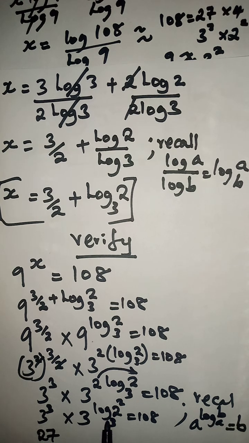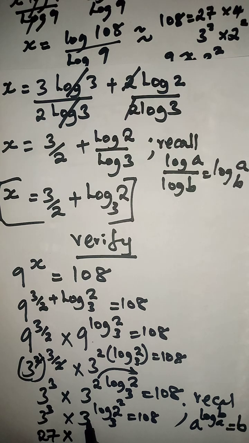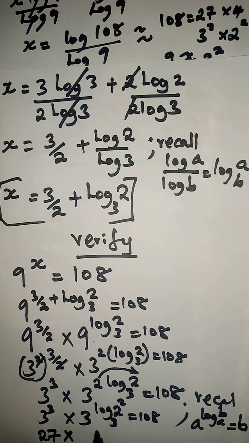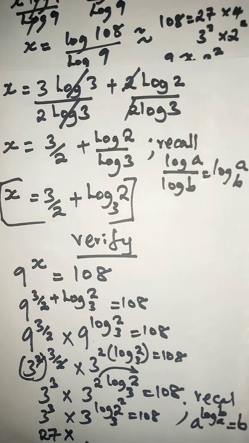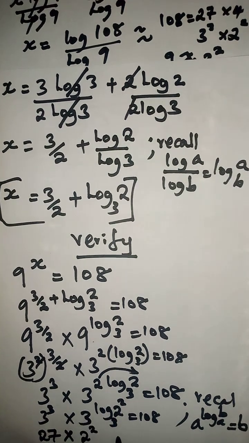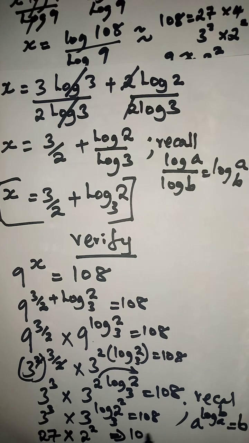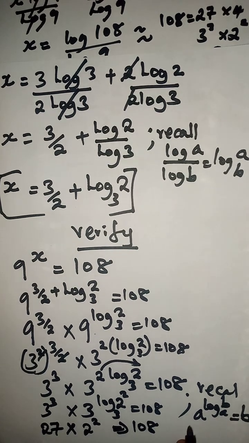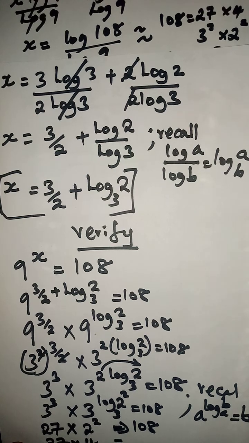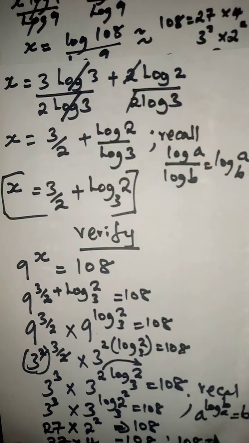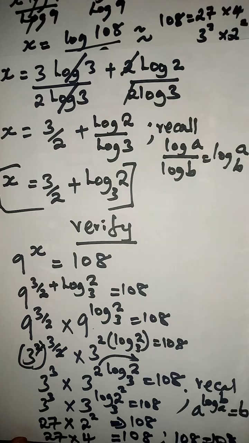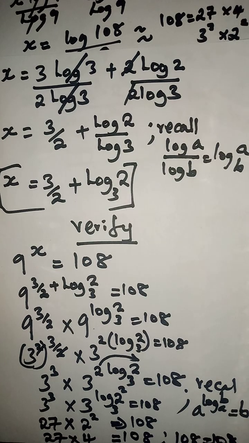So applying it here, 3 is the base, and the base is also here. So that means I'm going to remain with 2 squared, which should give me 108. Of course, it's going to give me 27 times 4, which actually gives me 108. So 108 is equal to 108 as our solution to this.